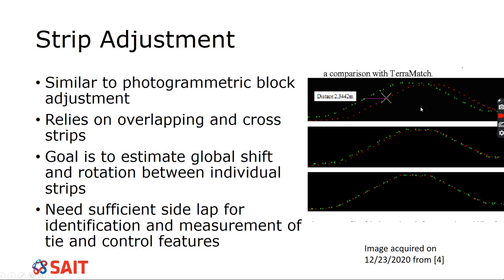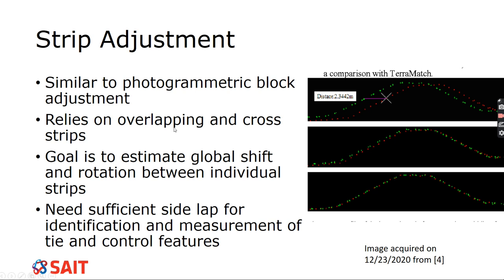So the strip adjustment is for when your strips don't match. What you would do is go back out, fly again, and do additional strips. A strip adjustment is just like doing a block adjustment in photogrammetry, which I think you do this semester.